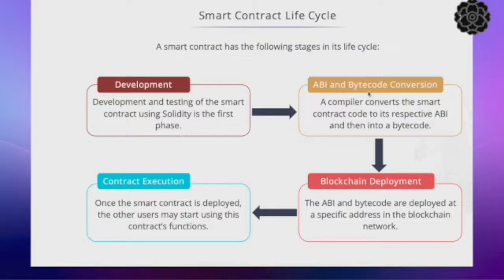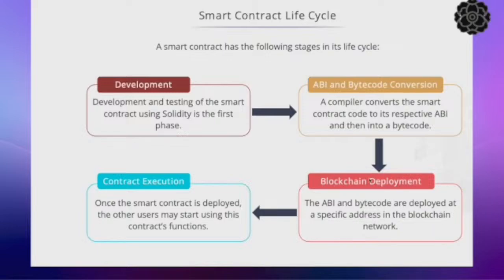Until and unless you create a bytecode, you will never be able to deploy your smart contract onto the Ethereum blockchain. So this is a very important thing: the compilation converts those logics or smart contracts into bytecode, and that bytecode is deployed onto the Ethereum blockchain network.